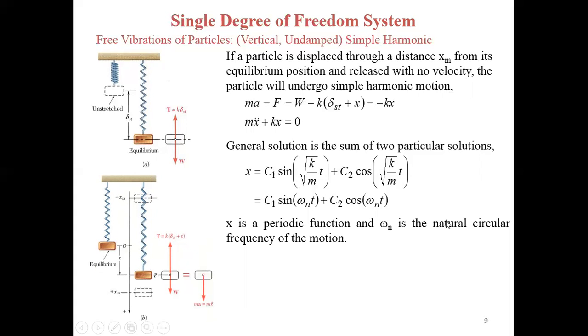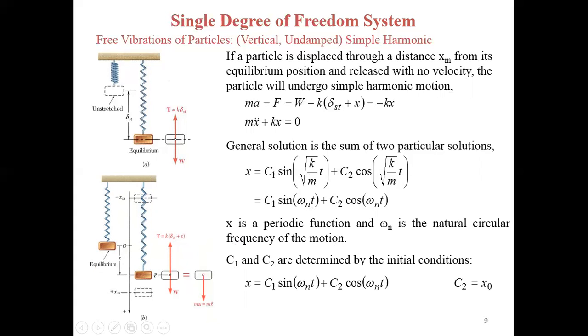So omega n is the natural frequency, and it is equal to what? Under root k by m, right? We have studied in the previous lecture that omega n is equal to under root k by m. x is a periodic function and omega n is the natural circular frequency of the motion, and c1 and c2 are determined by the initial conditions.